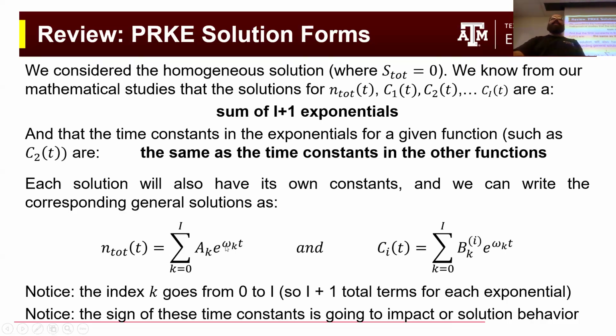And the sign of this time constant is going to affect that behavior. If my time constants are positive, then my solutions are going to go to infinity as time moves forward. If my time constants are negative, then my solutions are going to decay exponentially as time goes forward. So we want to know what those time constants look like so that we can predict what our solution behavior is going to be.